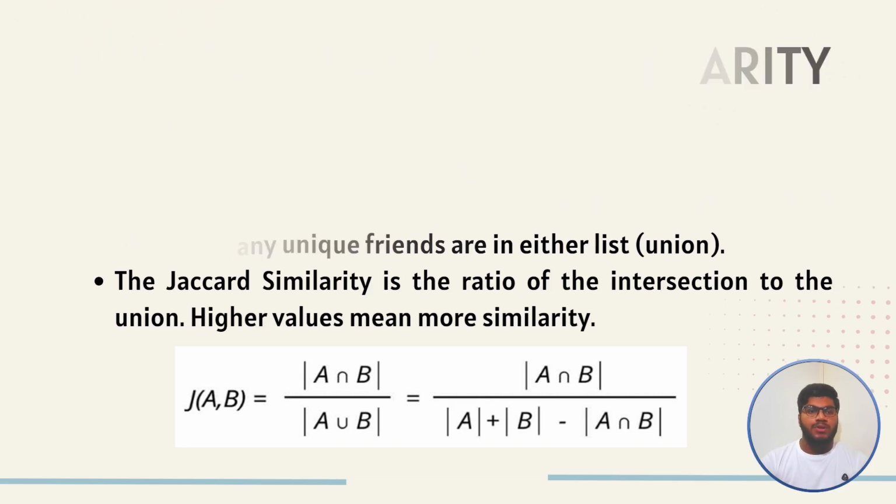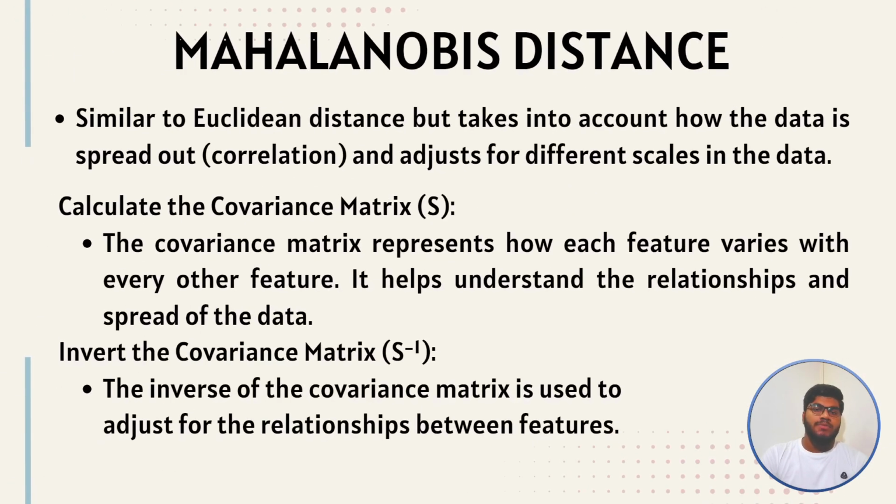Now let us discuss about the fifth distance matrix used in the KNN, that is the Mahalanobis distance. It is also similar to the Euclidean distance, but takes into account how the data is spread out, that is the correlation, and adjusts for the different scales in the data. The main difference between the Euclidean distance and the Mahalanobis distance is the correlation part.